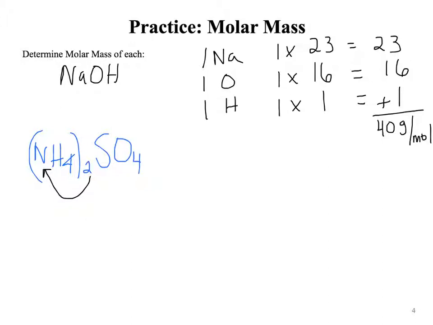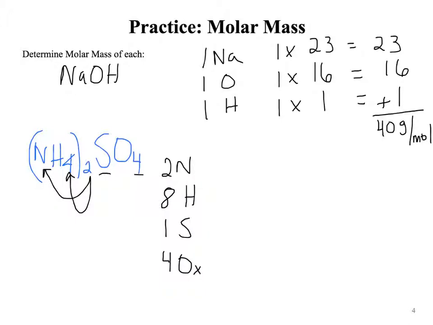So that's going to be 2 nitrogens. It's going to be 4 times 2, which is 8 hydrogens. And then we have 1 sulfur. And we have 4 oxygens, right? I'm just going to write OX so that you don't mistake it for a 0.